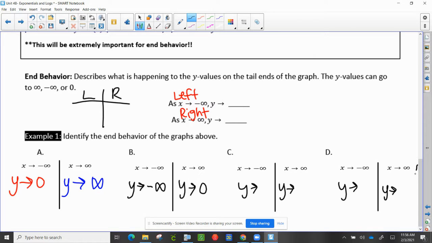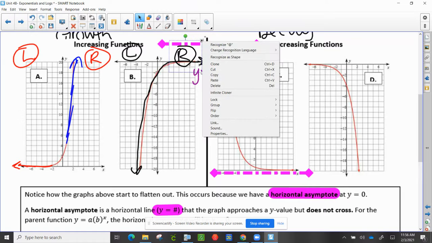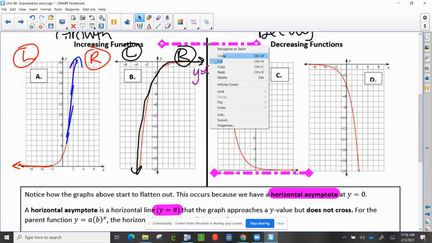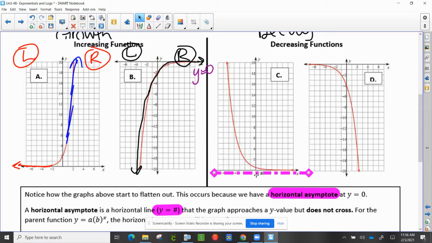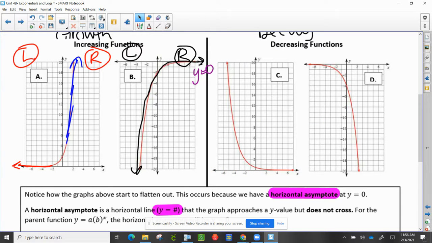Okay, so why don't you guys try C? So in graph C, I'm going to delete these lines now. We don't really need them anymore. So you can see the graph all the way. Okay, so in graph C, what is the graph doing as it moves to the left and as it moves to the right? So on the left, where is that graph going?